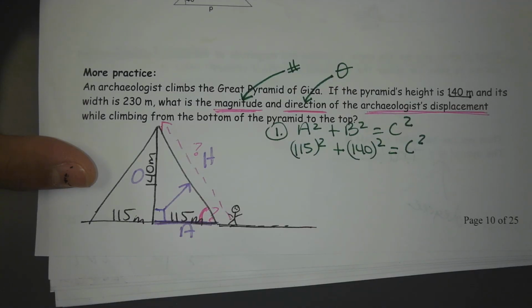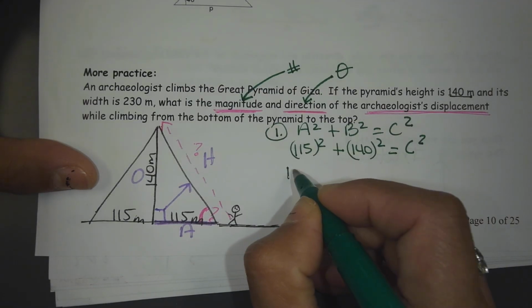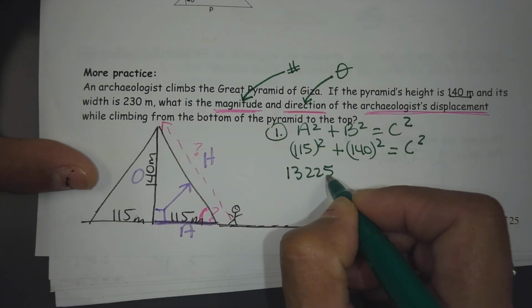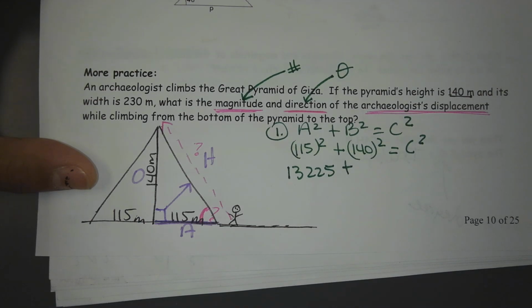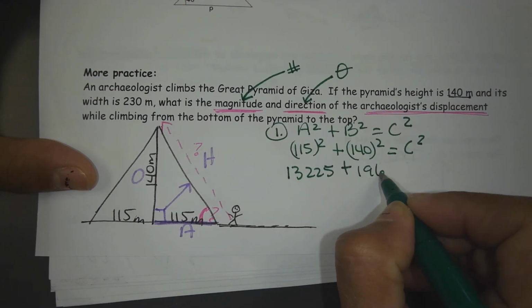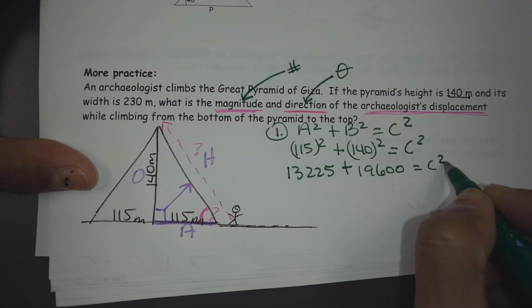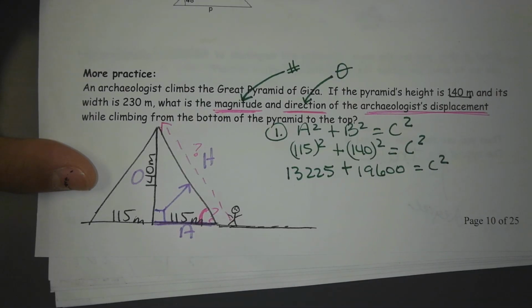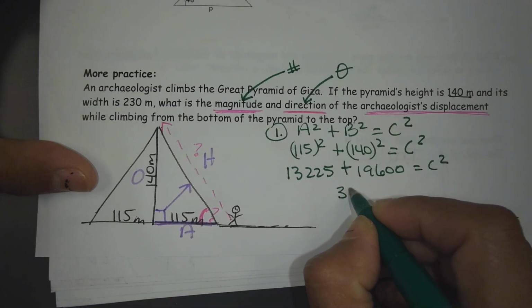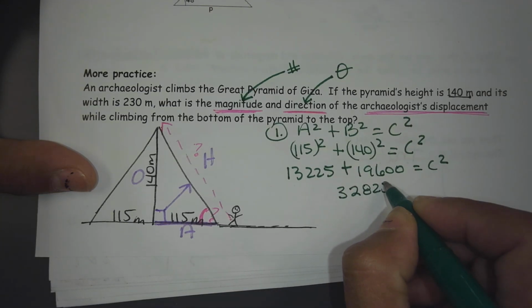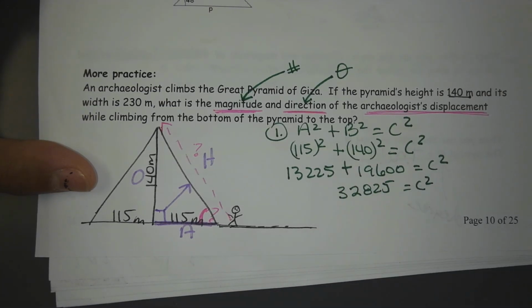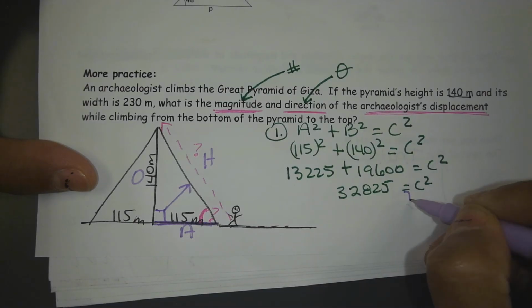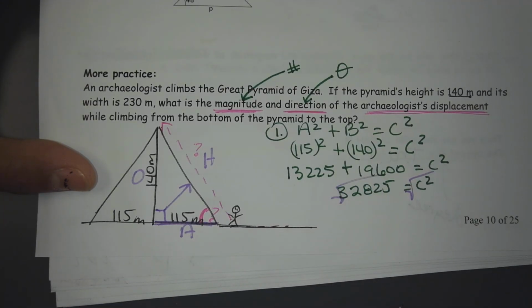That comes out to 13225. Double check me though, please. I'm going to add those two numbers together. Again, I am doing it step by step. I know that I cannot leave this. I have to square root it.